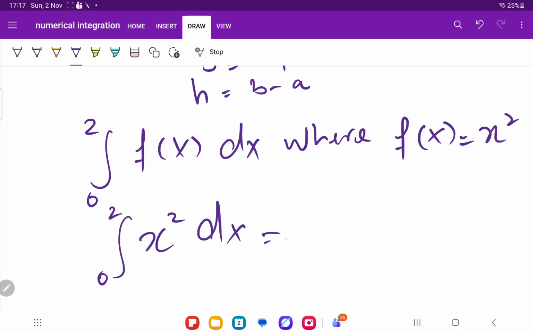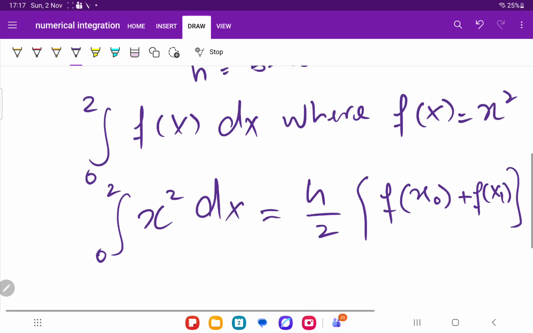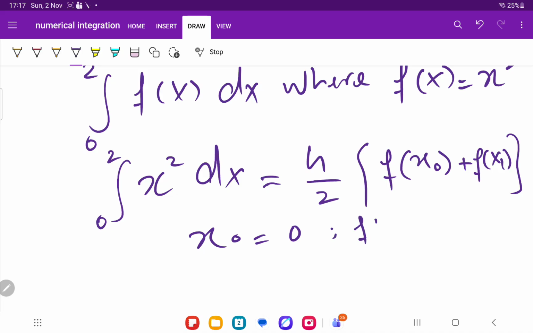So what is required? H by 2, the function must be evaluated at x naught, plus the function must be evaluated at x1. That's it. So what is x naught? X naught is 0. So what is f of x naught?